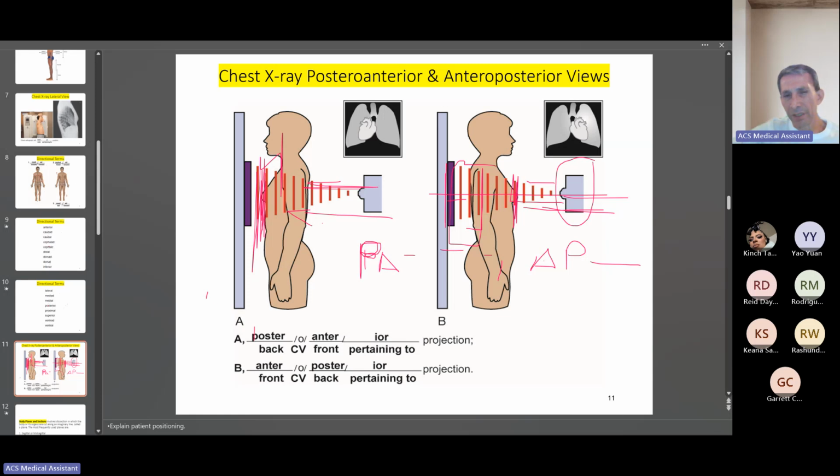Posterior anterior: this is the projection where the light enters from the posterior part, which is this one. The other one is anterior posterior. Why? Because the light enters the anterior part of the chest, but what I really want is the back of the lungs. Here I want the front of the lungs.